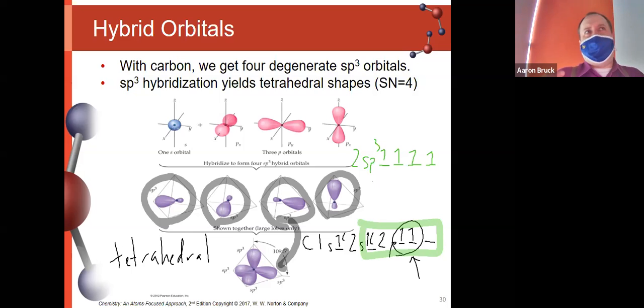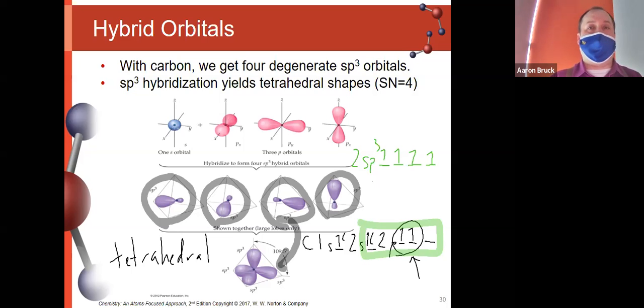Now, granted, the p sublevel is a little bit higher in energy than the s. But they're all in the same energy level. And so when we blend them together to make these hybrid orbitals, it's really not that big of a deal to put them together because they are that close together in energy.